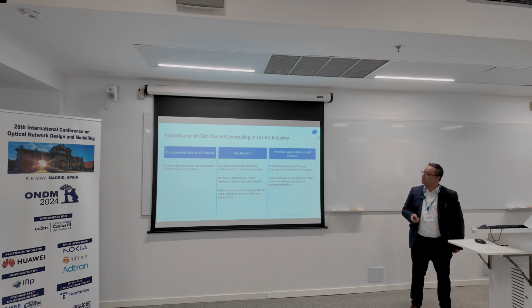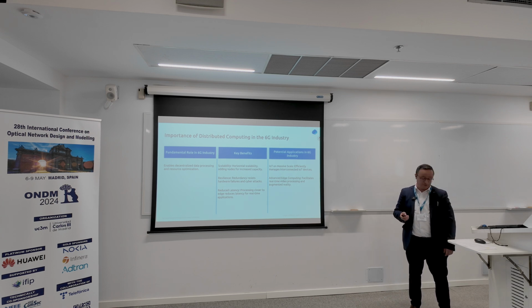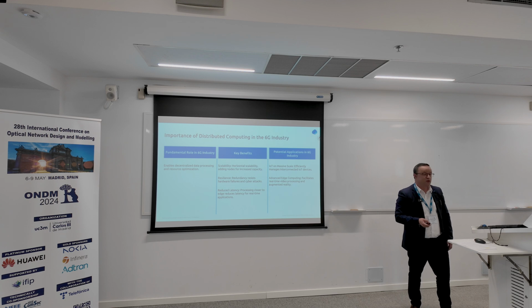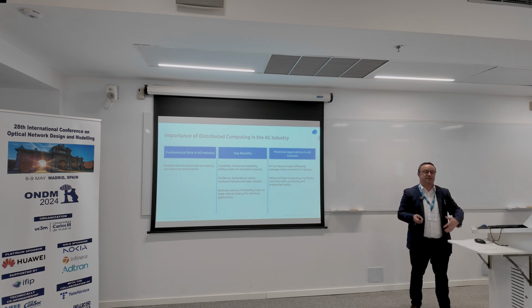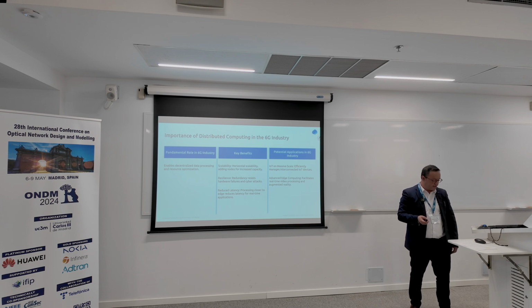Some applications in 6G include augmented and virtual reality, Internet of Things, smart cities, autonomous vehicles, and others. At Capgemini, we are working on two projects, 6G data-driven and end-to-end integrations. In the latter, we propose a computing distribution strategy for some real use cases.